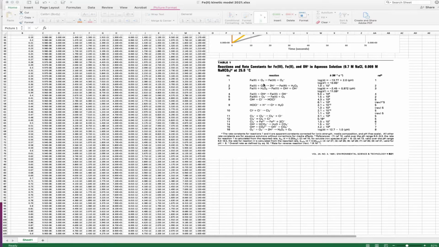Iron 2 reacting with oxygen, that's reaction 1 that we just talked about. There's a pH dependence to this reaction, and in this older paper, this is a bit of a crude but useful formulation which allows us to calculate the K as a function of pH.